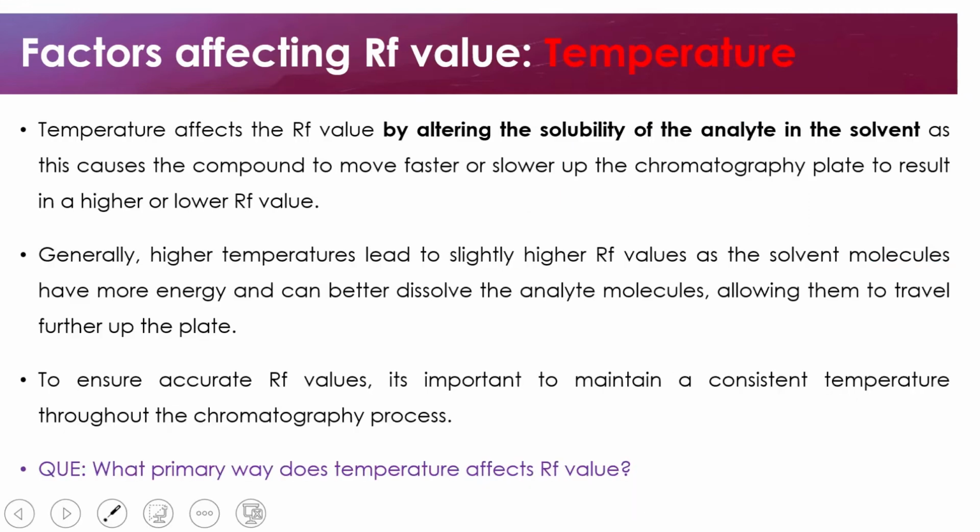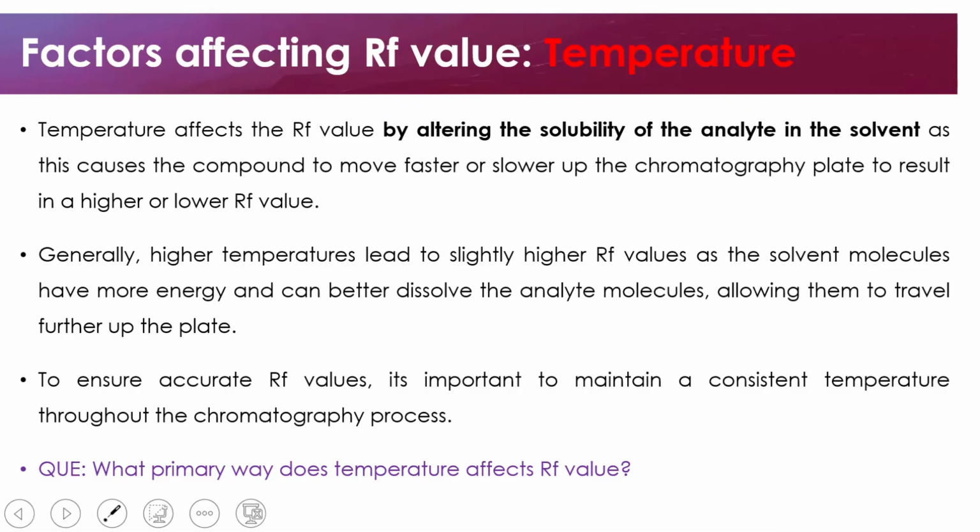Let's see how temperature affects the RF value in chromatography. So first of all, temperature affects the RF value by altering the solubility of the analyte in the solvent, as this causes the compound to move faster or slower up the chromatographic plate, resulting in a higher or lower RF value.